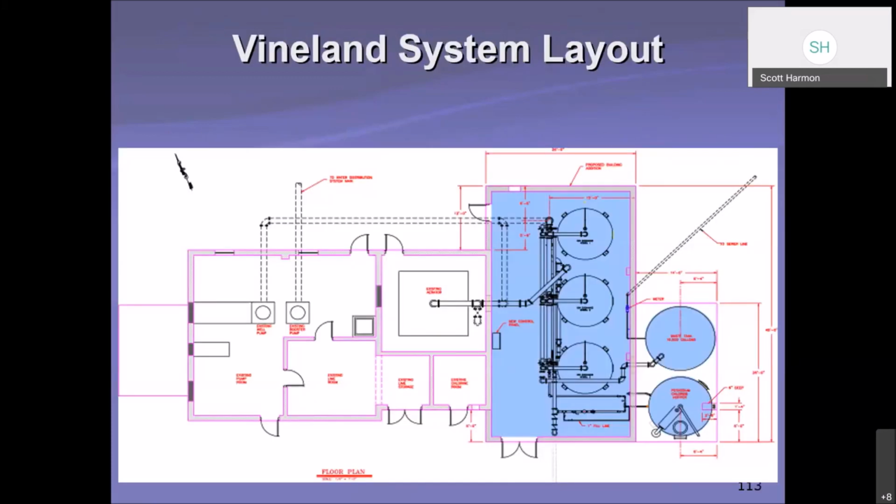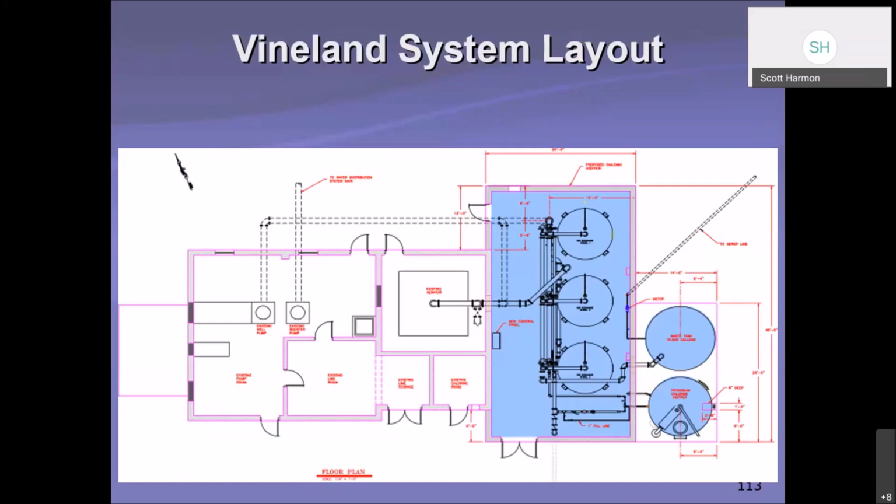So here's a layout of one of these systems. In this particular case, it is a Vineland system. It was one of the larger systems that was implemented, but you can see the layout. And again, people with small phones, my apologies. It's even hard for me. I have a large screen to see exactly how the floor plan is laid out, but you can see that this particular concept has the tanks, the brine tanks, the regeneration, how the plumbing's laid out in parallel.